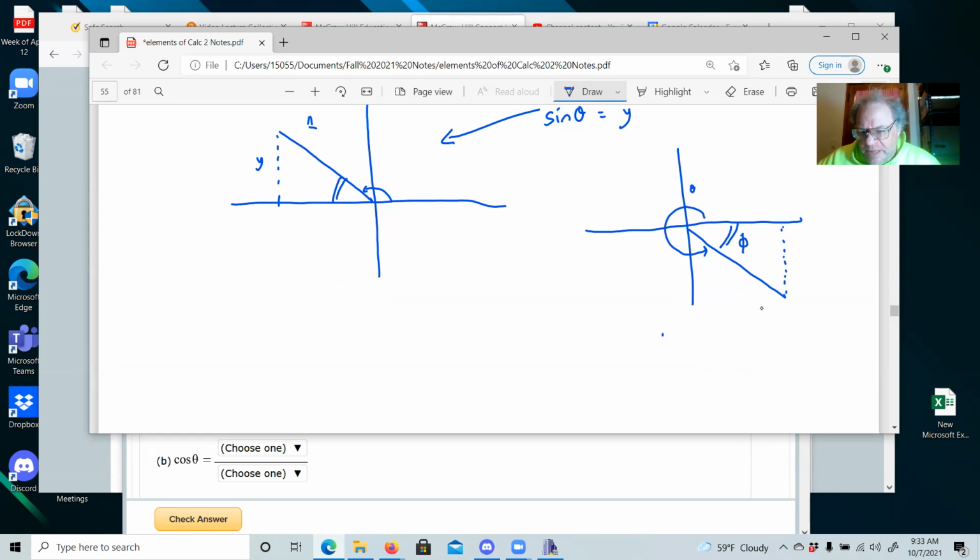Cosine is the adjacent over the hypotenuse, and again, we multiply by the hypotenuse. So we get hypotenuse times the cosine of theta is equal to the adjacent side. What's the adjacent side? It's this one. Here's my triangle, here's the adjacent side. So we usually associate this with the x values. The hypotenuse is 1, so 1 times cosine of theta is equal to the adjacent value, which is our x value.